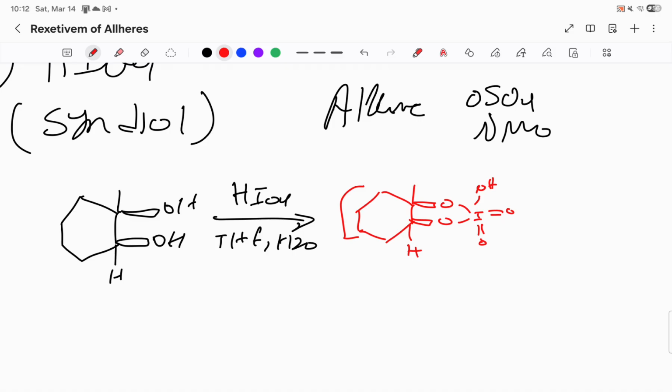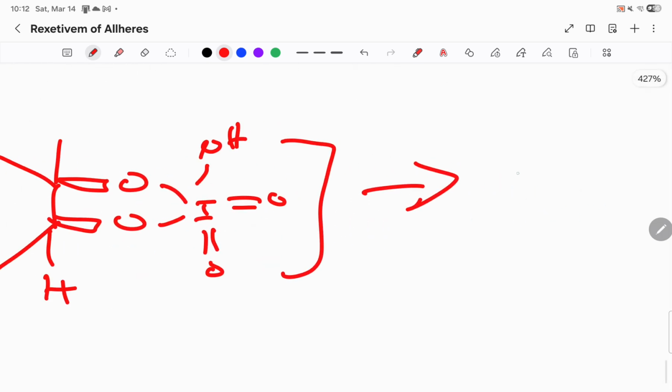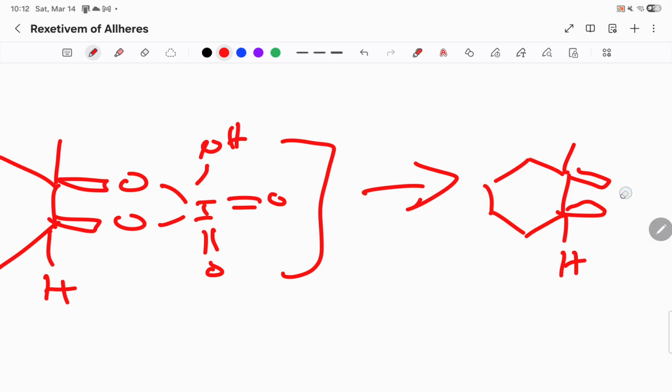There is one more thing. The oxidative cleavage, like I said, this is the methyl. If you remember, this was the hydrogen. This was my two OHs. So if I cut this down, I end up generating a ketone here, and on this side, I end up generating an aldehyde.